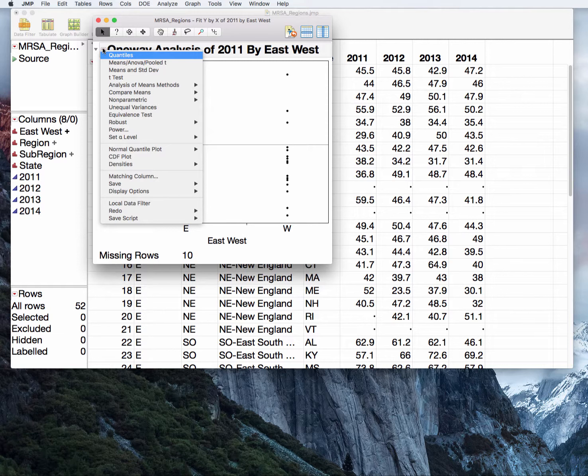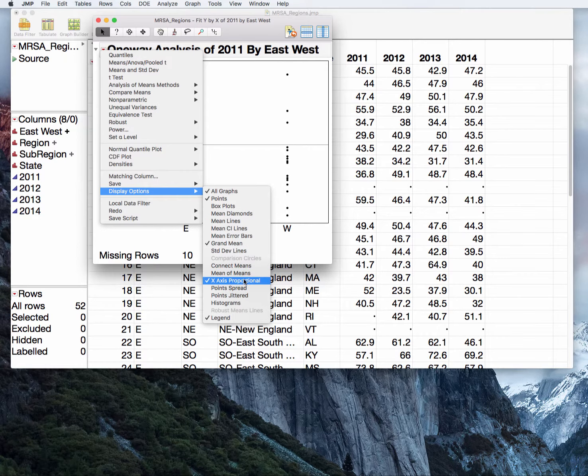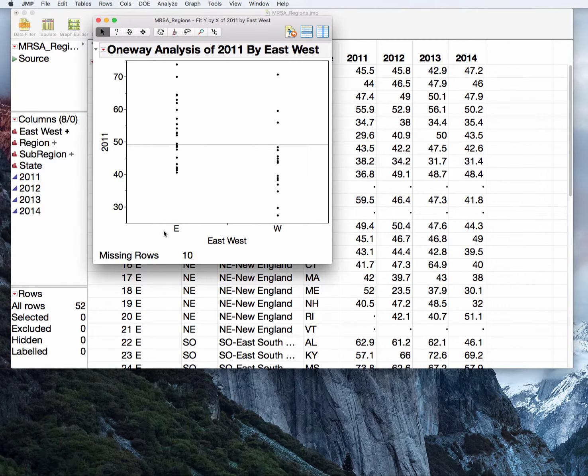So under the red arrow, under display options, you can remove the x-axis proportional. And you'll see very quickly now that east and west have equal distance on the x-axis. You'll also see that we're missing 10 rows of the data. JMP is very good to let you know that you are missing 10 rows. We know that we have 42. We will find out where those 10 are missing from a little bit later.